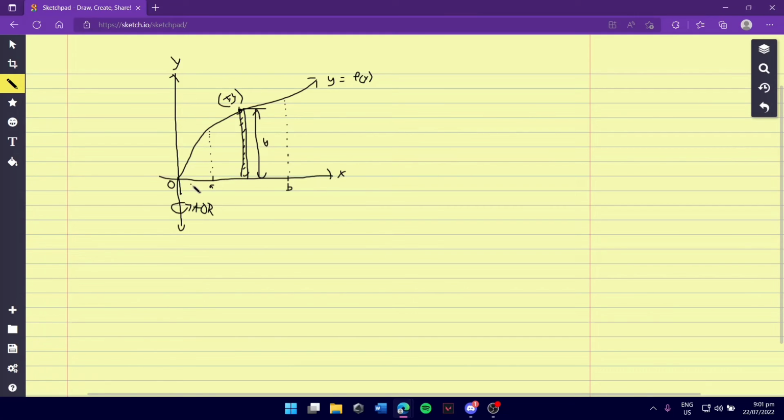And the distance between the origin to your vertical strip is called your x. And then the thickness is called your dx, right? Next, since it is rotated in the y-axis, we will have to rotate here. So, like that.